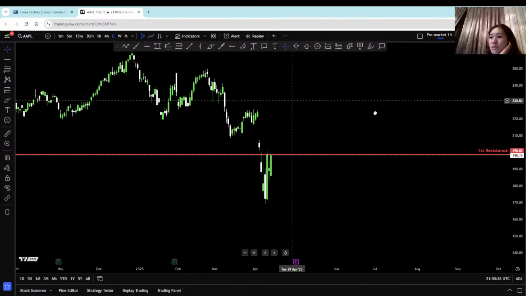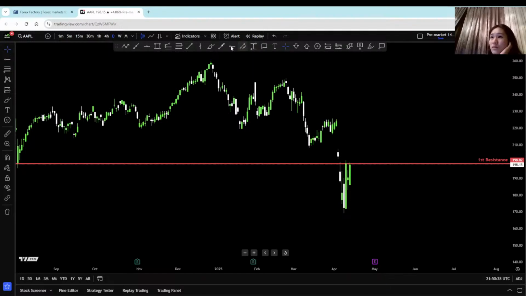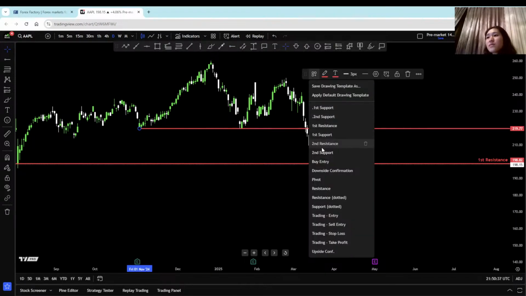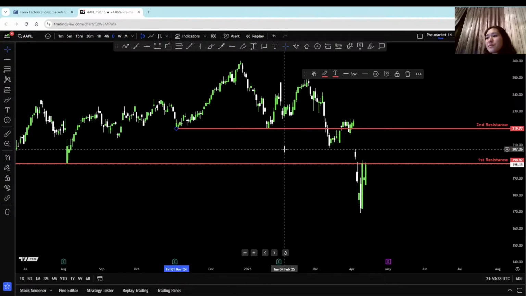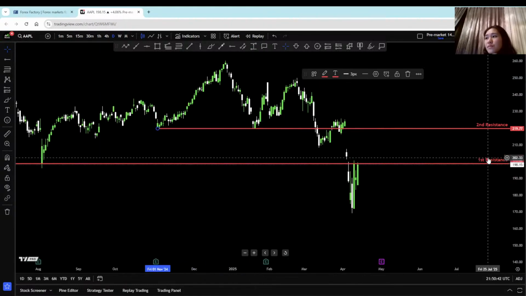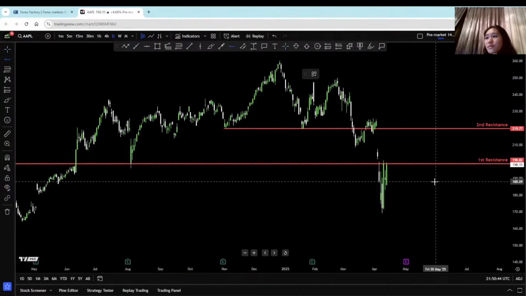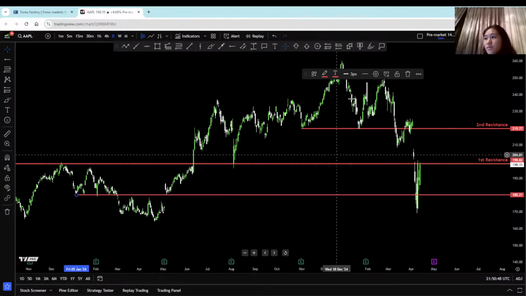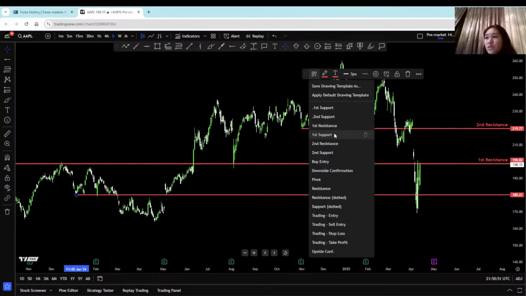Okay, second resistance here. And first resistance just here. Oh, sorry, first support.